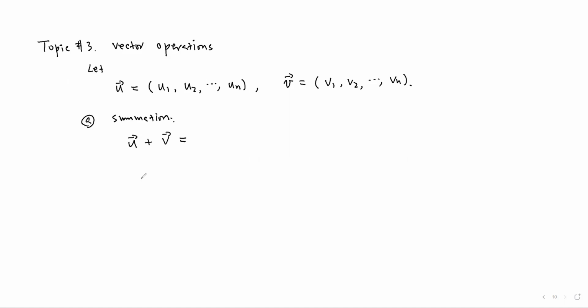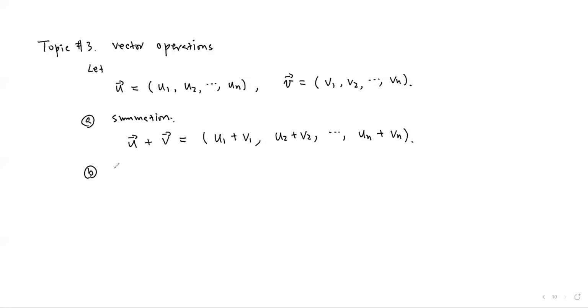So this new vector is entry 1 plus entry 1, then comma, second entry plus second entry, comma, third entry plus third entry, and so on. The last entry plus last entry. Addition of two vectors.